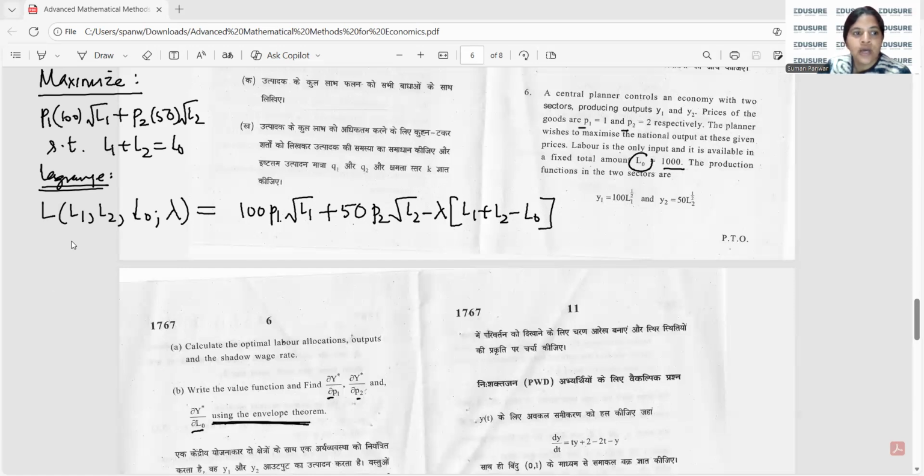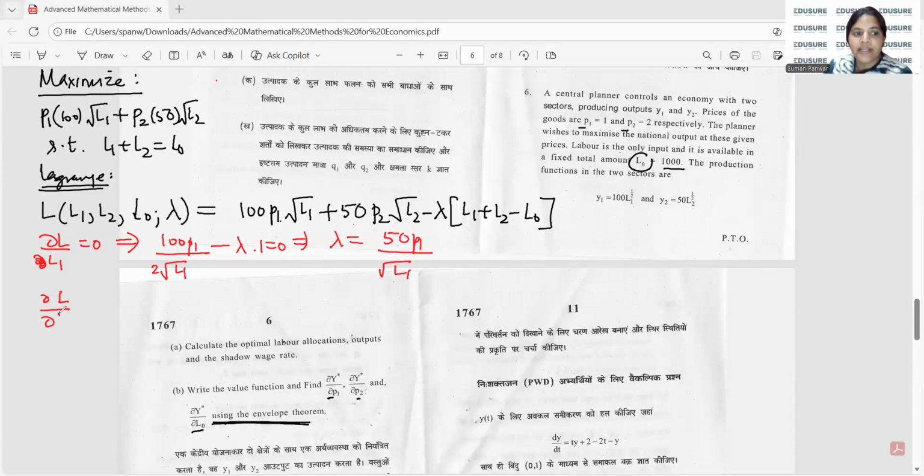Okay. So now for maxima and minima, del L by del L1 should be equal to 0. So this implies that 100 P1 divided by 2 root L1 minus lambda into 1 equals 0. This implies that lambda is equal to 50 P1 by root L1.